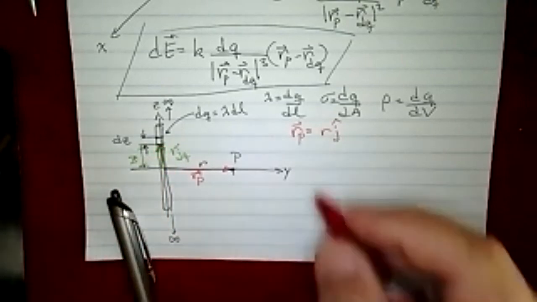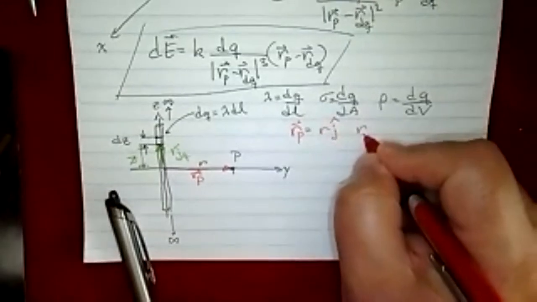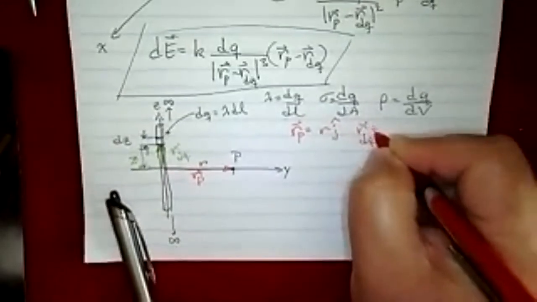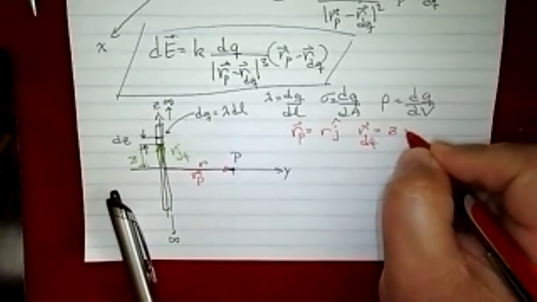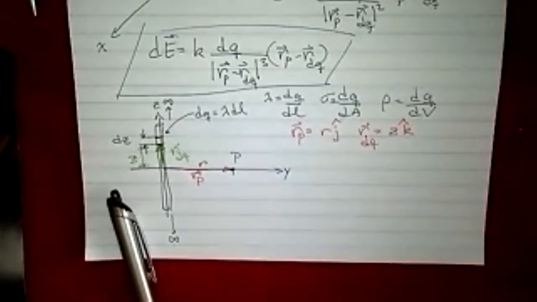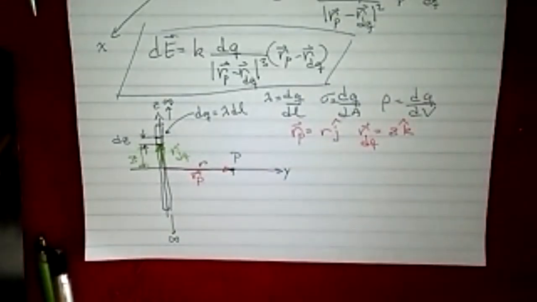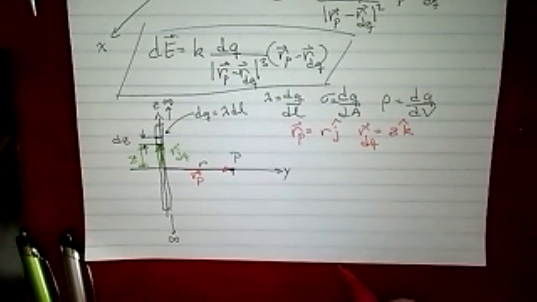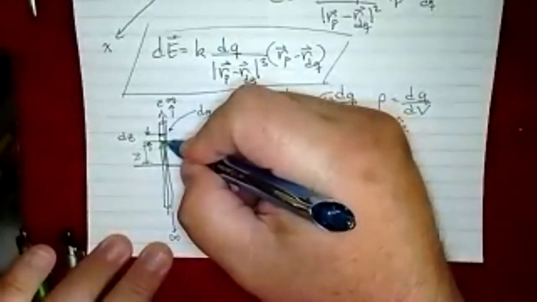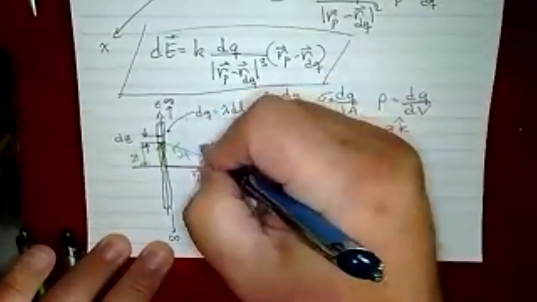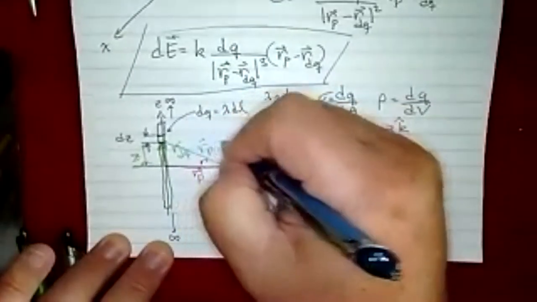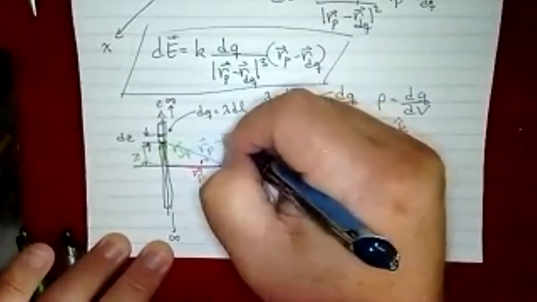Subtracting those, I can say that r_dq is in fact equal to z k hat. So I've got r_P and I've got r_dq now. And if I wanted to do r_P minus r_dq, that would be a third vector going from here to here.